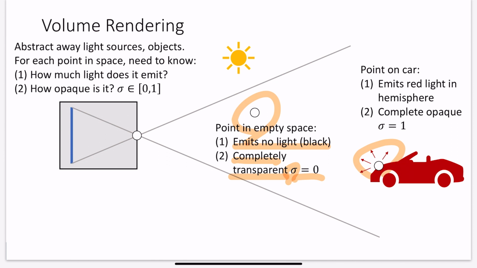If we can model such information, the emission and the opacity degree, then we can model the real 3D scene precisely. That's the idea of volumetric representation.